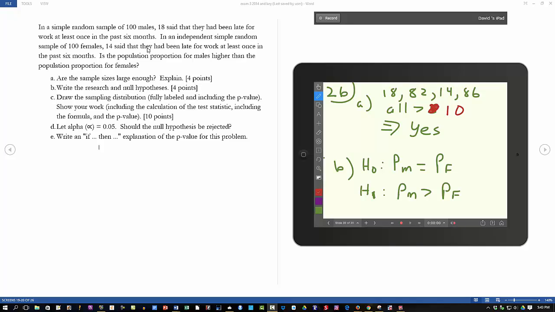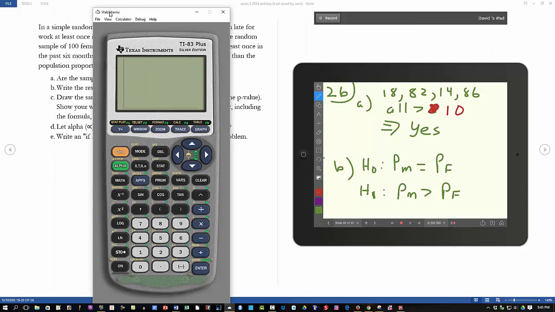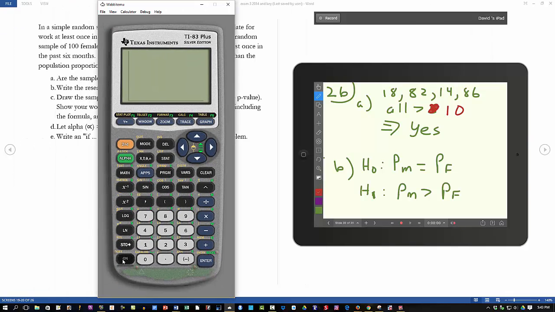At any rate, now I'm going to pull my calculator over and go to the 2-proportion z-test, and I'm going to have 18 out of 100 and 14 out of 100, and it was greater than here, and calculate.